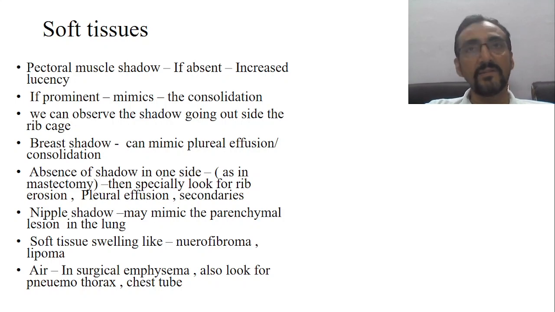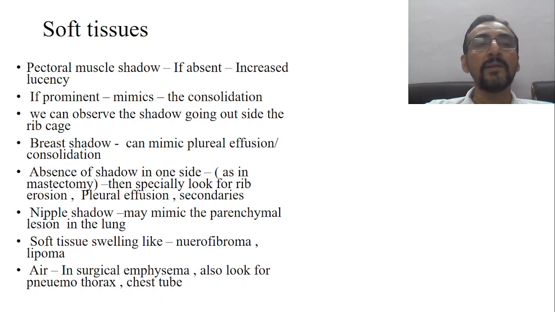What are the other things present in the chest? One is muscles. Especially in the chest area, we have the pectoral muscles. Pectoral muscles may give a shadow, and many times that particular shadow may confuse with so many other findings of the lung.